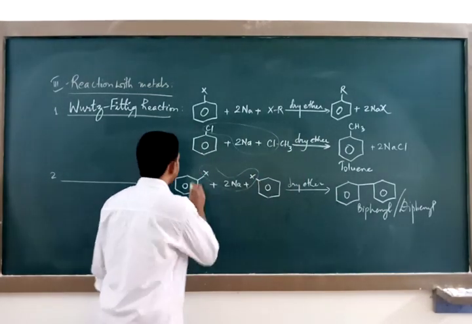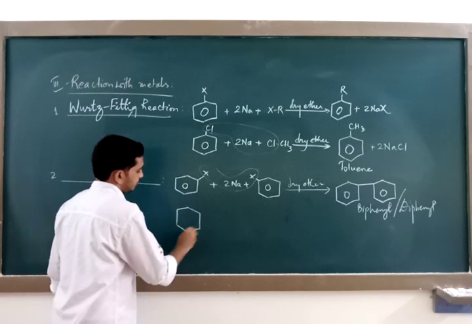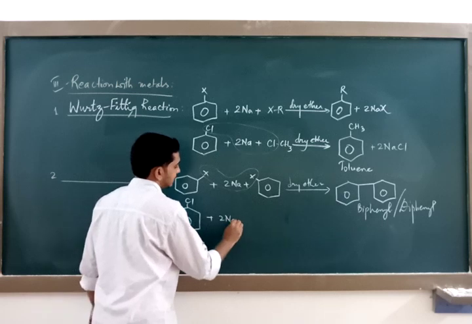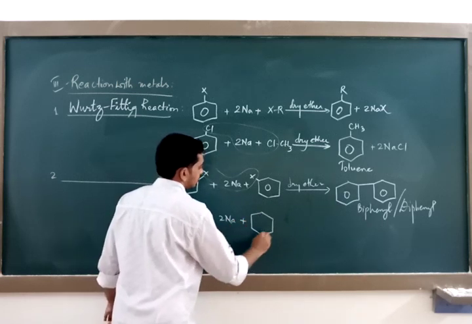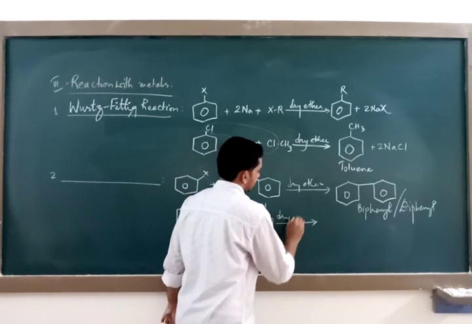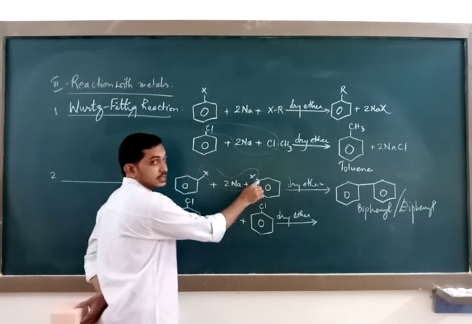Sir, what if I write X here? That can be done. Look, if chlorobenzene is reacted with sodium metal in the presence of dry ether, what product is obtained? I did this so that you attach easily.